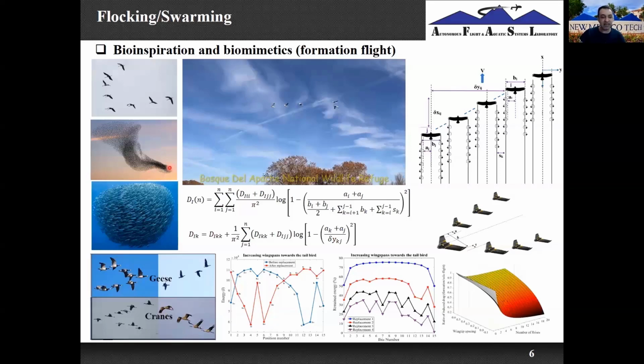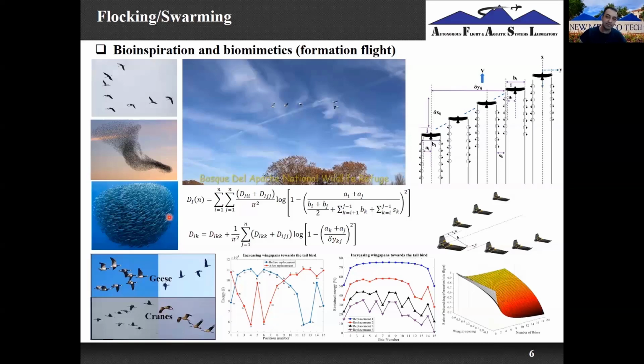Another reason can be finding food. For example, if any of these birds finds food, the others can follow them, which leads the rest of the birds to the source of the food. The same can be seen under the water, where we have a school of fish, or schooling.